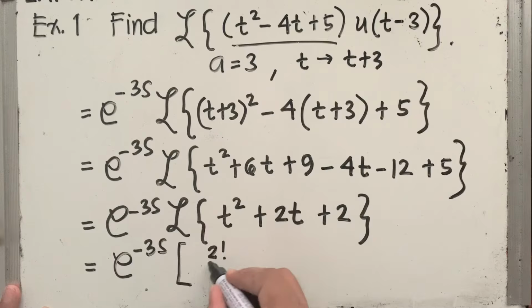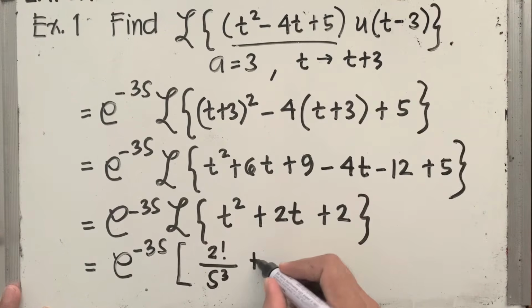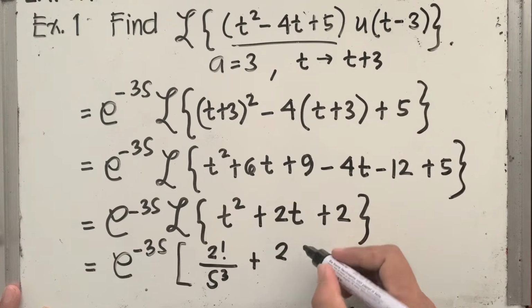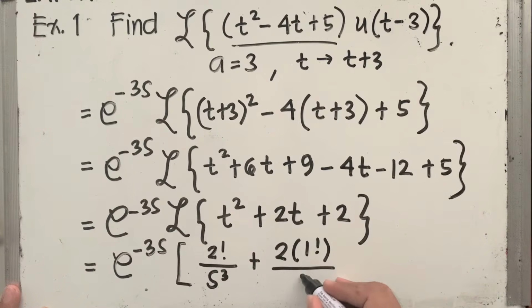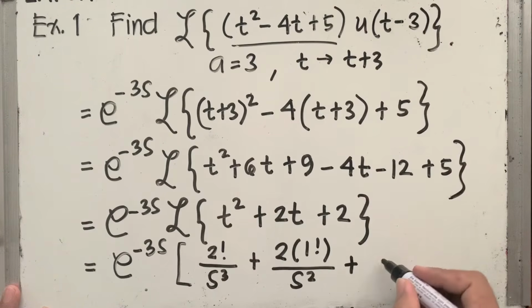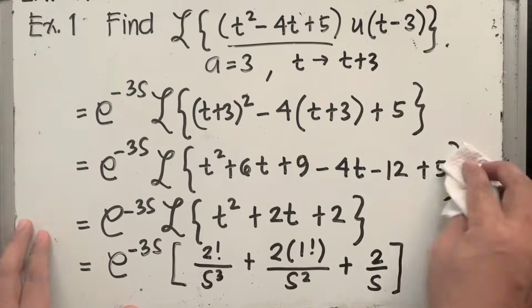So, n factorial, 2 factorial over s raised to n plus 1, which is s cubed, plus, copy lang natin yung constant multiplied to 1 factorial divided by s raised to 2, plus 2 over s. So, yan yung Laplace ng mga functions na nasa loob.